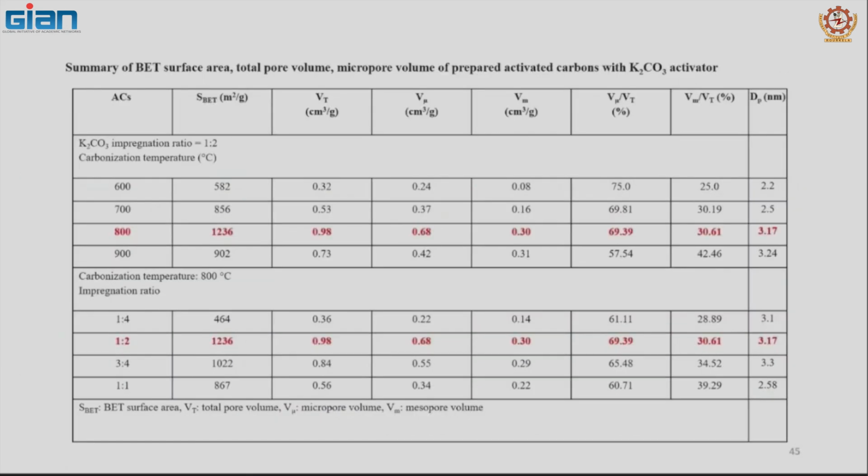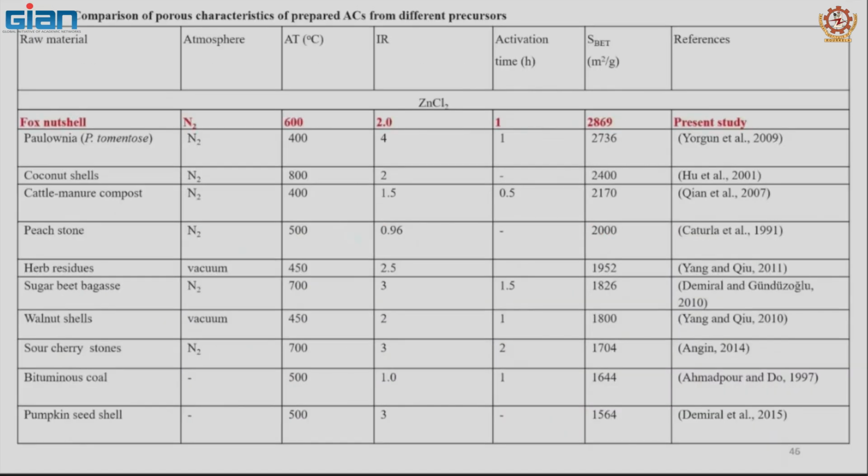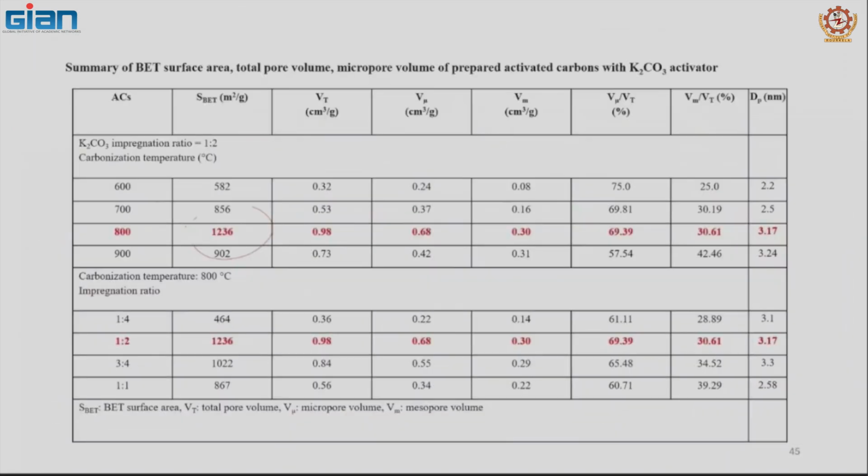Similarly with potassium carbonate, the surface area obtained is comparatively less than the other activators. It is only 1236 that is obtained, but this activated carbon has some specific use because of the presence of some functional groups which are not present in case of zinc chloride activation and phosphoric acid activation.